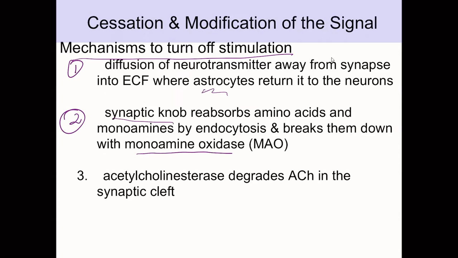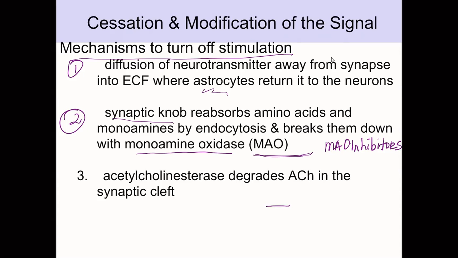One example of an enzyme that breaks them down is monoamine oxidase. So if you see any seizure drugs or antidepressants, sometimes they have MAOIs, monoamine oxidase inhibitors, in them.